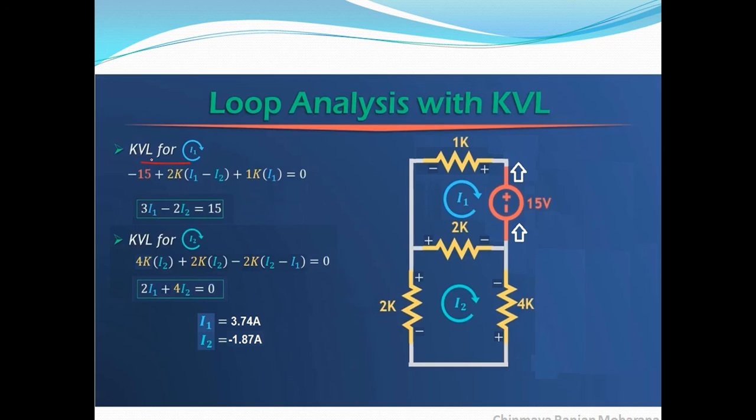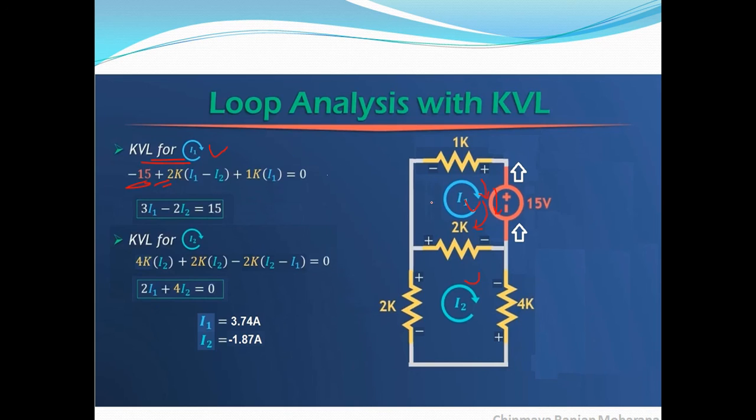Then by applying loop 1, our resultant will be here. Our direction is on this side. Clear? It means our reference direction is positive to negative. Here it is negative, negative 15, and here negative to positive means positive, 2 kilo ohm into I1 minus I2, because we calculate this for loop 1.